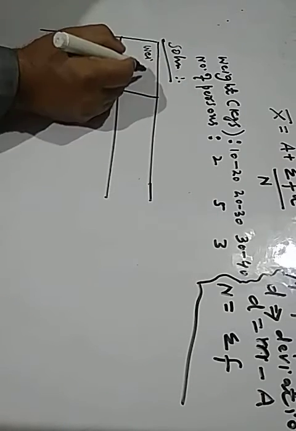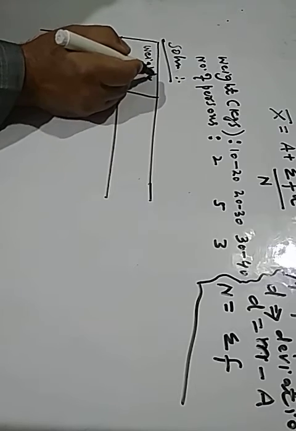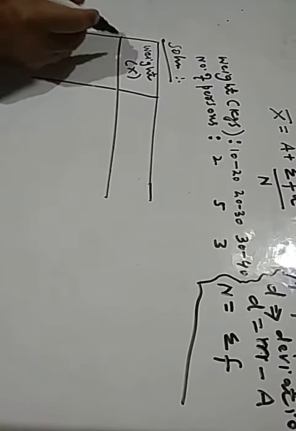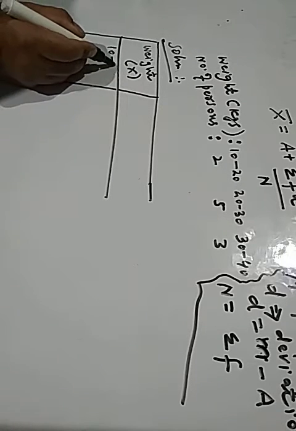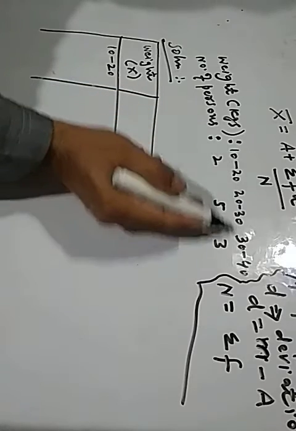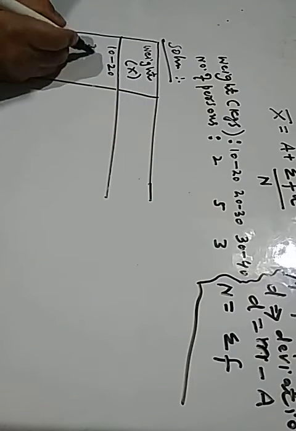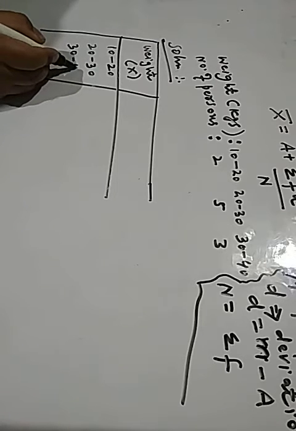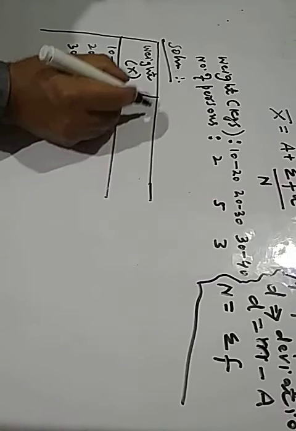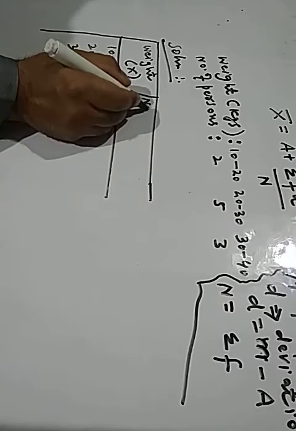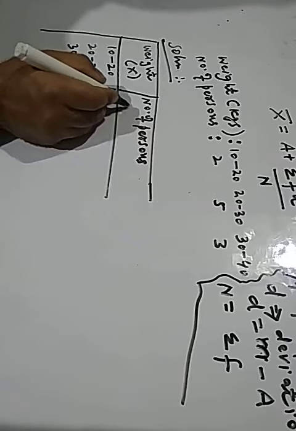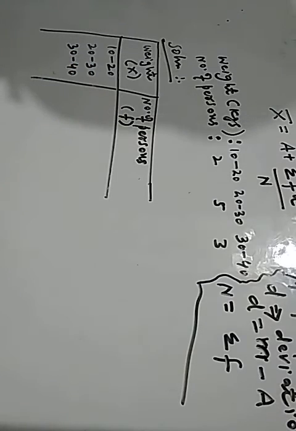The variable is weight in kgs and it will be denoted by x, and the class intervals are, जो इसके class intervals है वो है 10 to 20, 20 to 30 and 30 to 40. And number of persons, that is frequency, denoted by f, उसको हम डिनोट करते हैं f से.